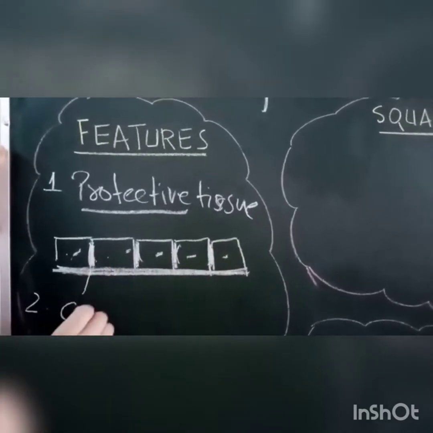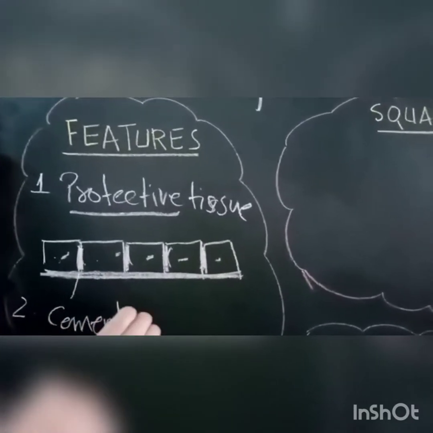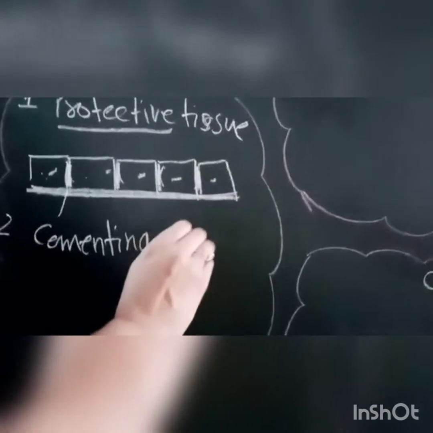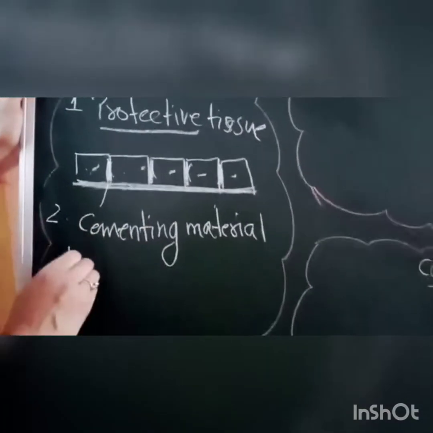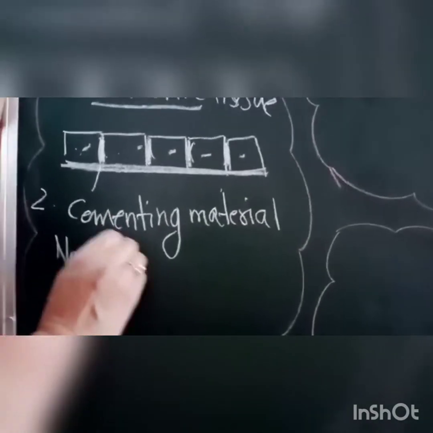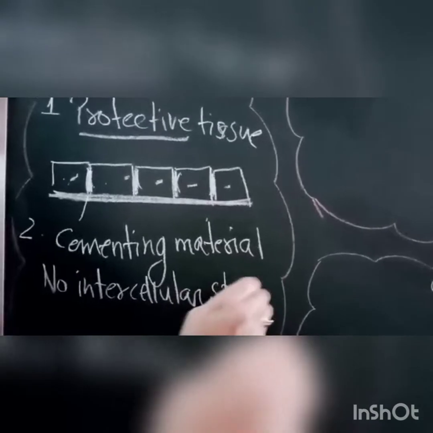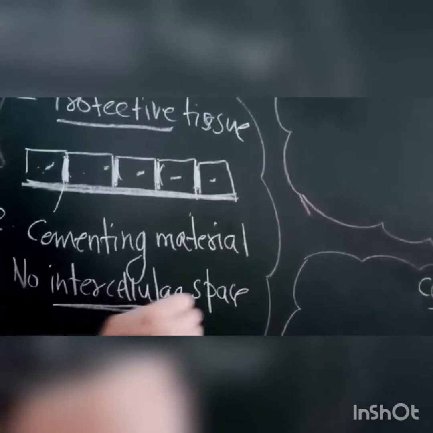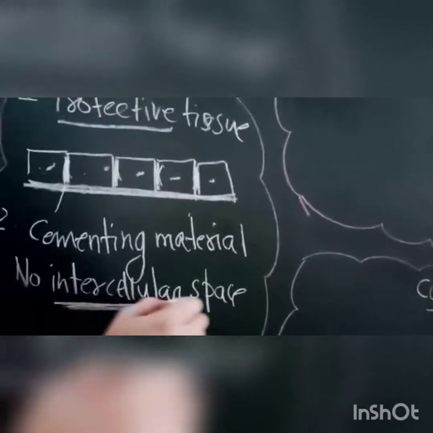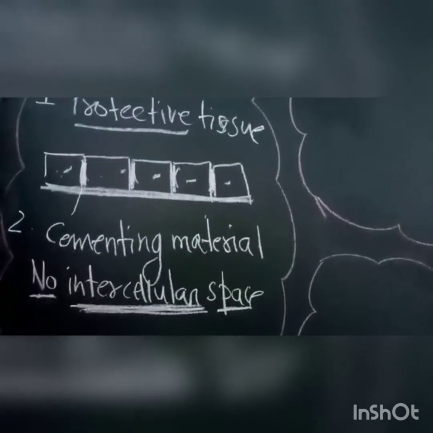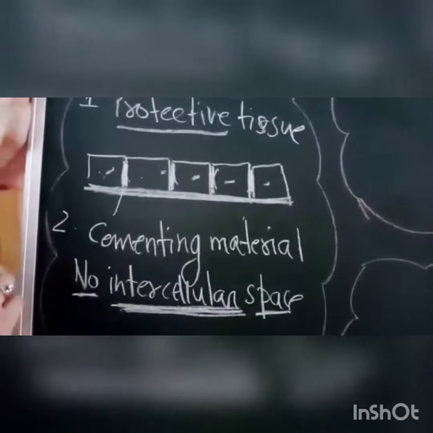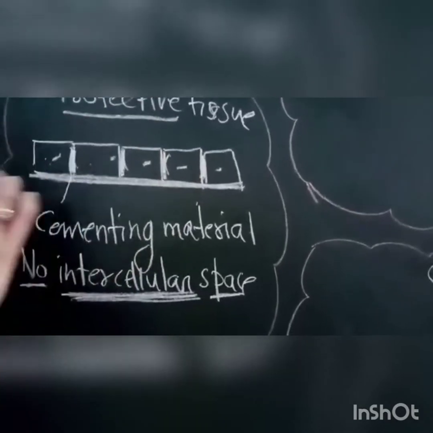A cementing material is present in between them, with very small or no intercellular space. Since they are protecting the body, they have no intercellular space in between them and they are forming a continuous sheet so as to protect the surface.